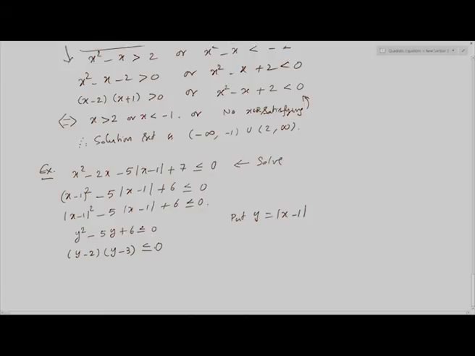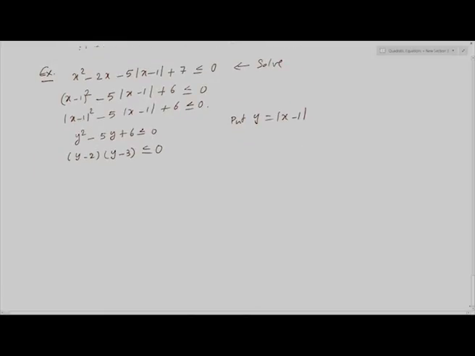Therefore both should have opposite signs. By using the sign graph, which I am not writing here, the solution set is y belonging to the interval 2 comma 3.